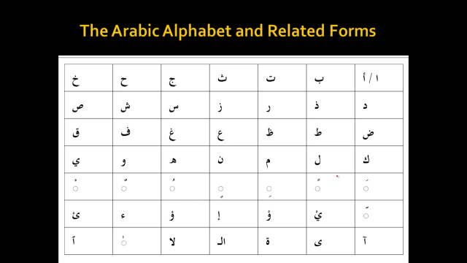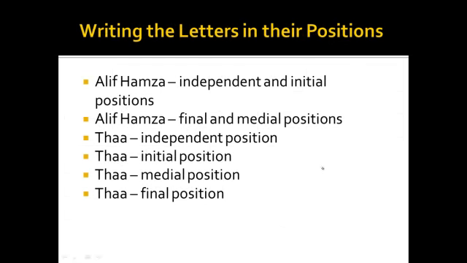So where are these letters that we're learning in the grand scheme of things? Well, we have the Alif Hamza here, and we have the Thaa right here. And so we're going to write these now in their four different forms. Okay.